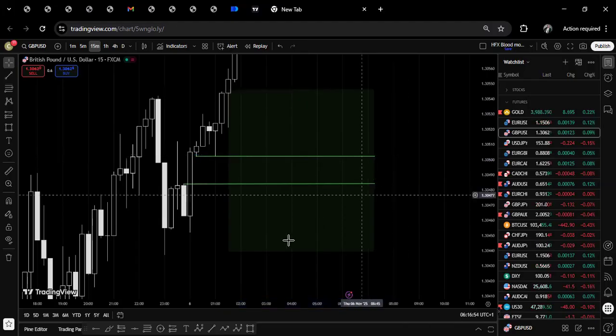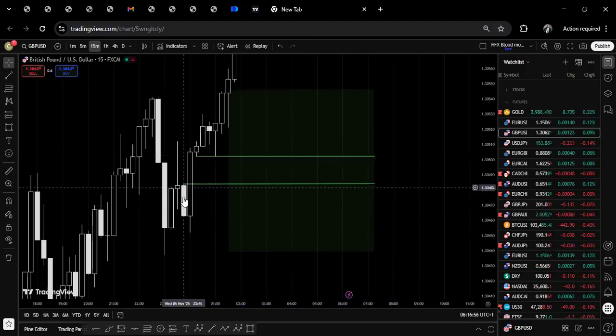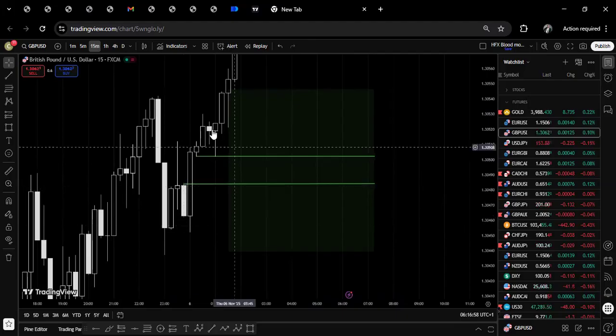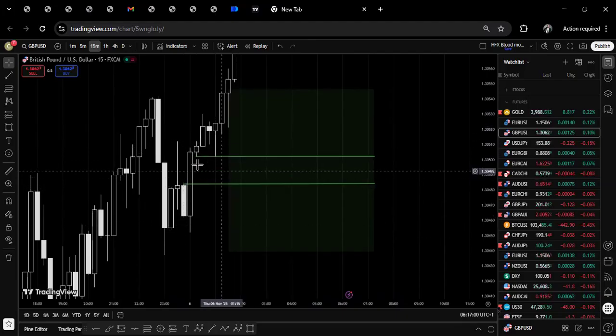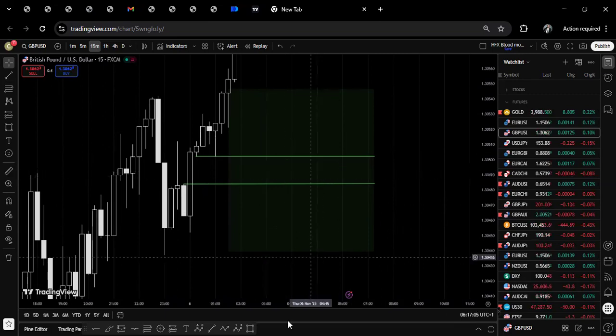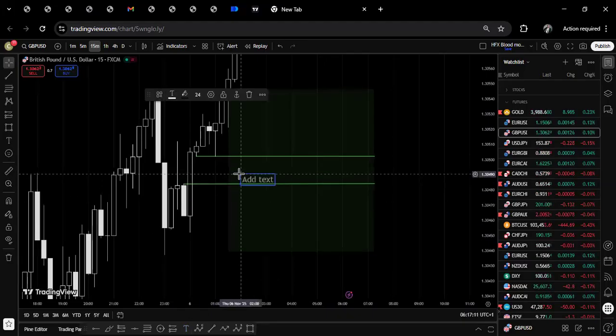We have the high of this first candle and we have the low of the third candle. So this space in between is our fair value gap, right? I can even label it FVG.